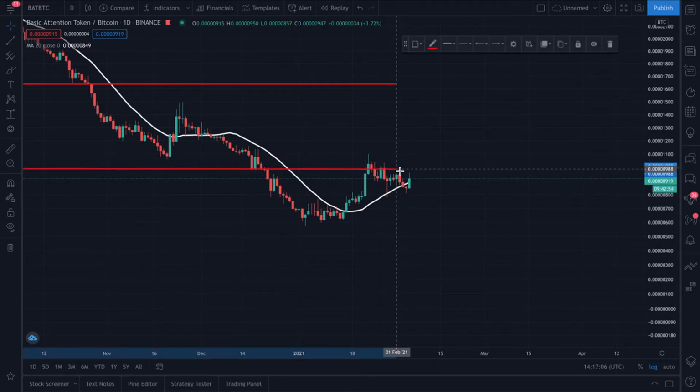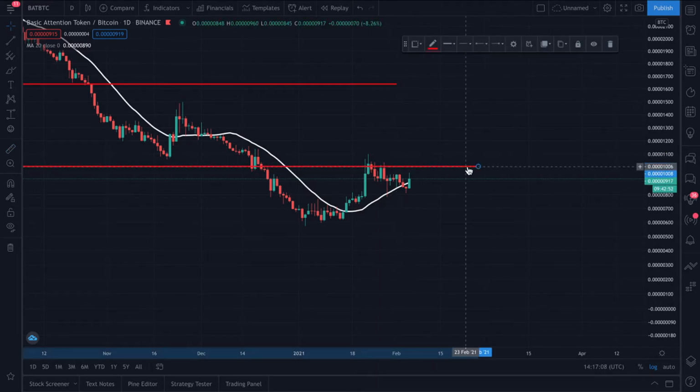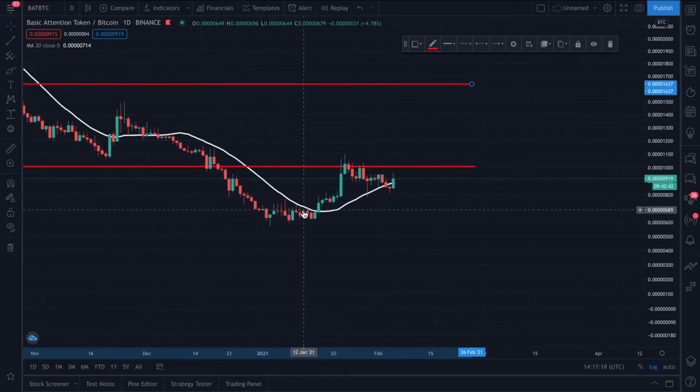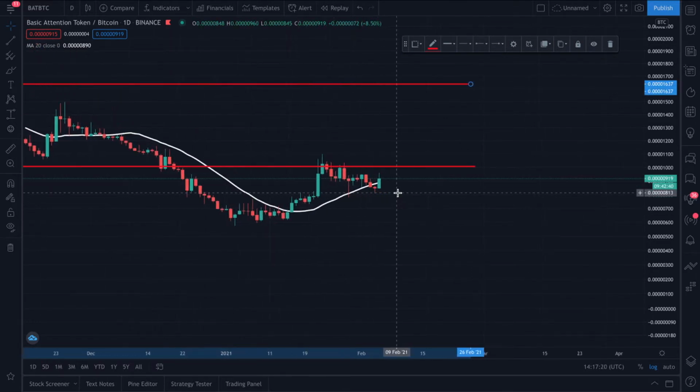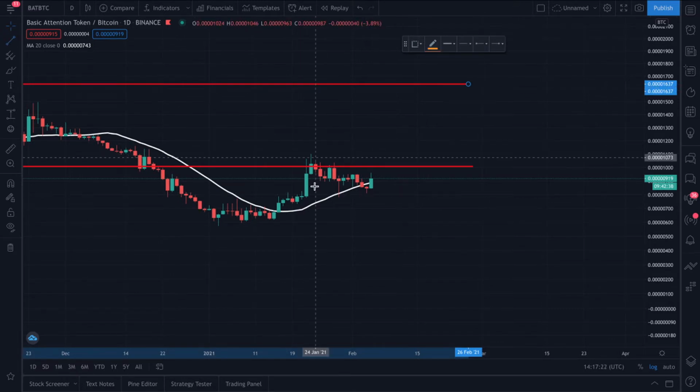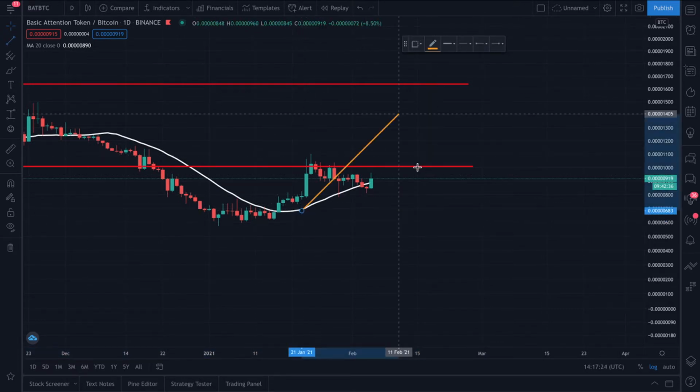with Basic Attention Token, we see that these two red lines represent my trading channel, the lower trading channel of Basic Attention Token, where we broke down past. With just time, the 20-day moving average is moving up.